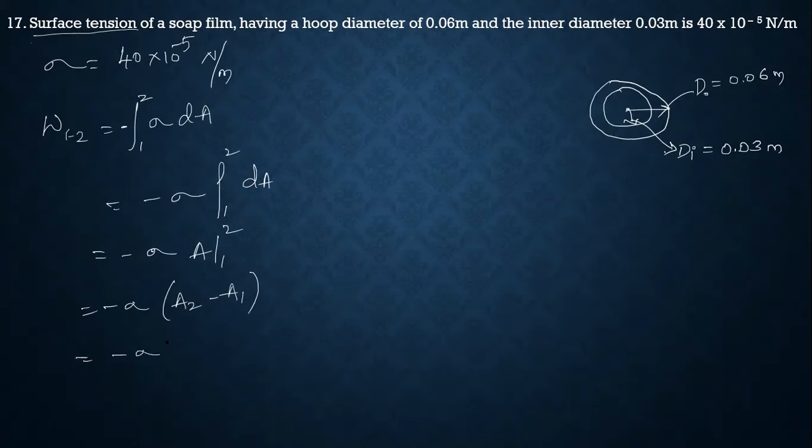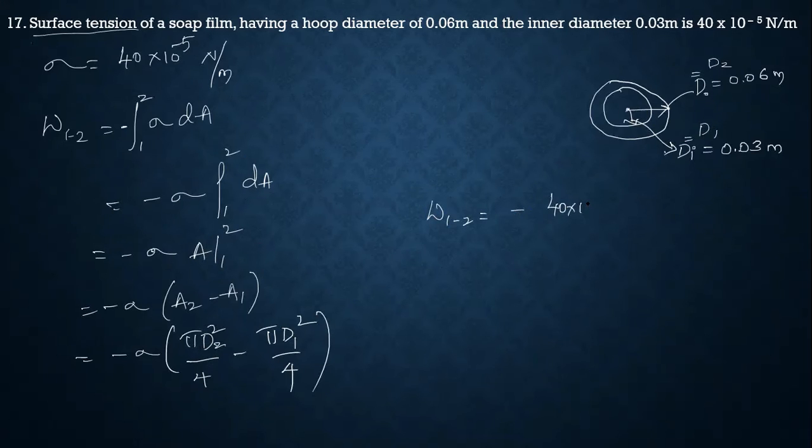Since it is a circular soap film, A2 is pi D2 square by 4, where I call the outer diameter D2 and the inner diameter D1. Therefore, W1-2 is minus 40 into 10 to the power of minus 5 times pi 0.06 square divided by 4 minus pi 0.03 square divided by 4.